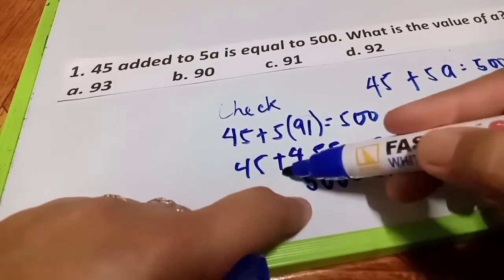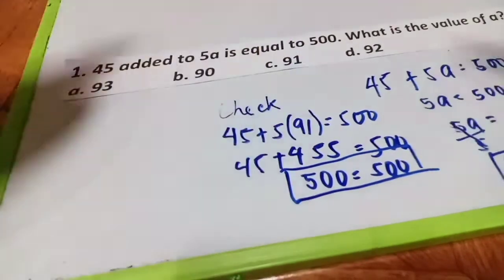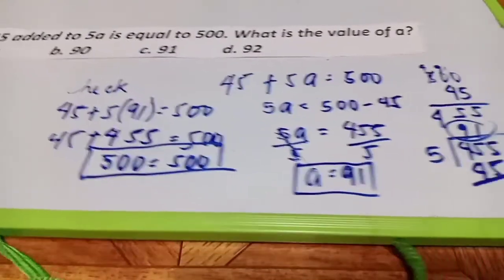So we have a correct answer. The value of a is 91 and the answer is letter C. So let's have the checking.